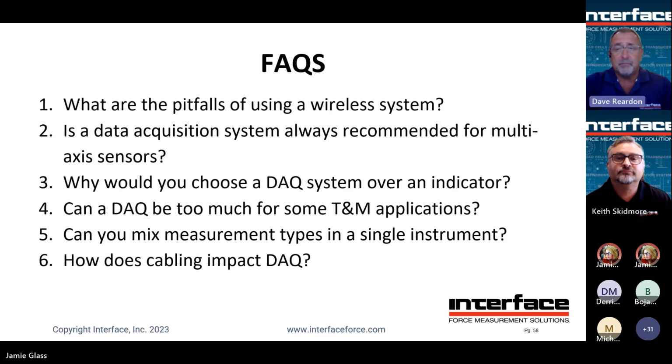With a wireless system, you have to be very careful with the fact that if you have multiple channels going into one of these systems, they are not going to be synchronous. Each sensor is going to have different latencies.